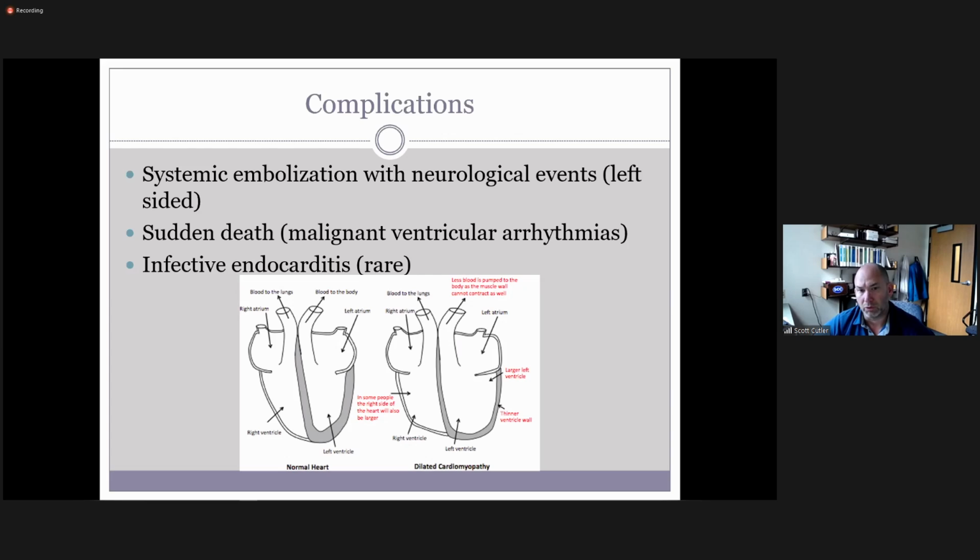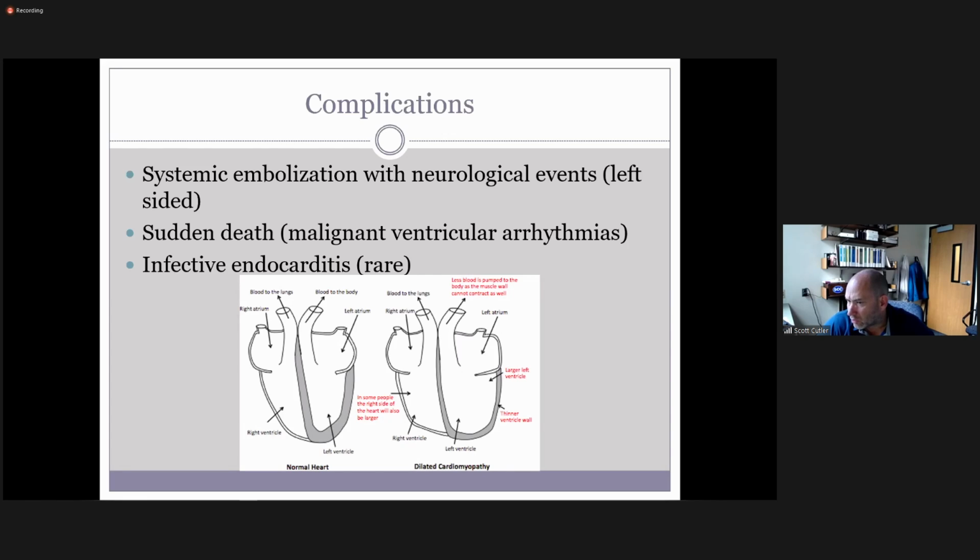However, as we mentioned, you could have this in patients with autoimmune type disorders. They can have a non-infective endocarditis that's not an infectious process, but they can still develop vegetation. And again, we'll talk about vegetation in a different chapter coming up. So that one's a little bit more rare.